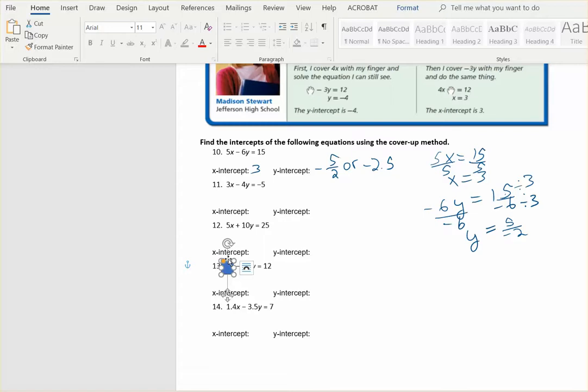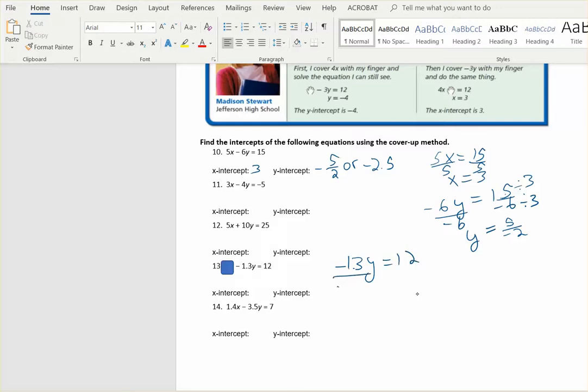We have negative 1.3y equals 12 to find the y-intercept. So when we solve this, we would be dividing by negative 1.3.